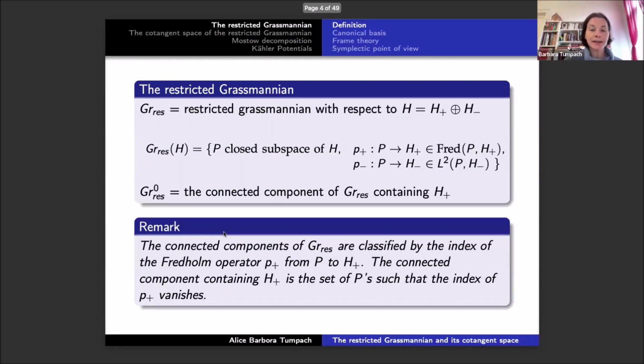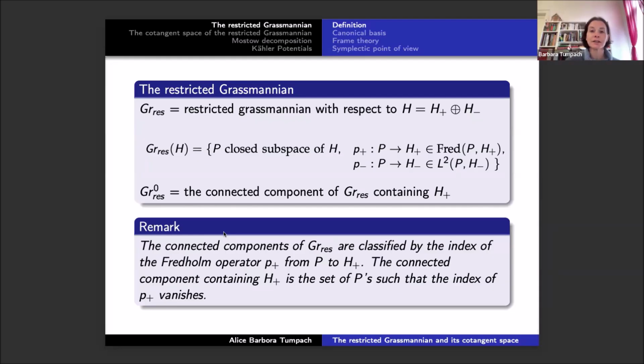And the restricted Grassmannian is defined as follows. We start with the decomposition of a separable complex Hilbert space H into two blocks, H plus and H minus. Both are supposed to be infinite dimensional and closed. And so the restricted Grassmannian is the space of closed subspaces of H which are close to H plus in some sense.